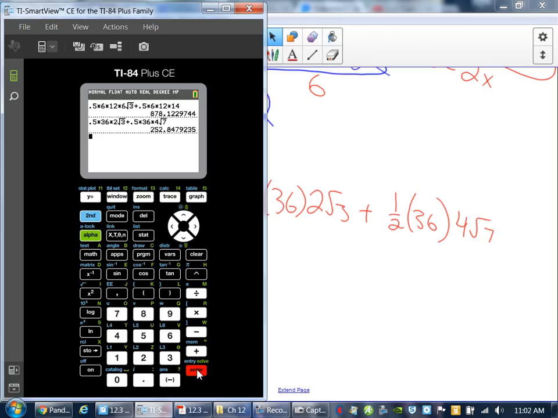And if you do type that in correctly, I think it should wind up at 252.85. At least that's what I got. It's the idea of making sure you label it through correctly.